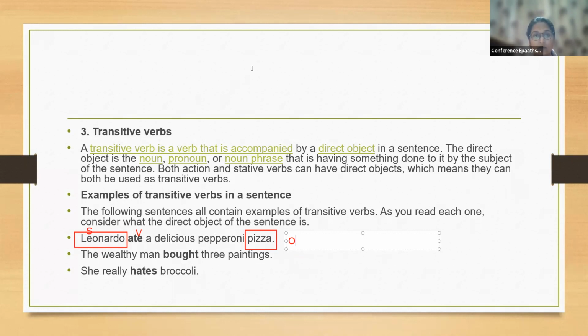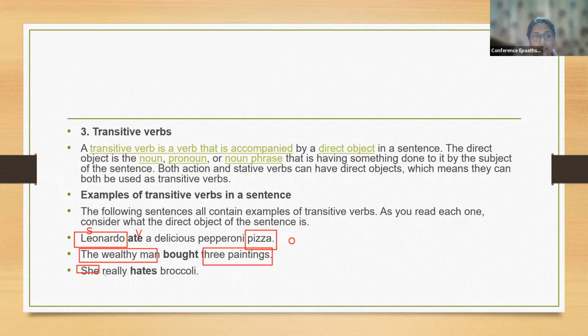Okay, now we are going to the second sentence. The wealthy man bought 3 paintings. So the wealthy man is the subject and bought is the verb and 3 paintings are the object.